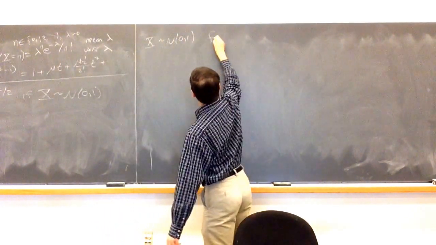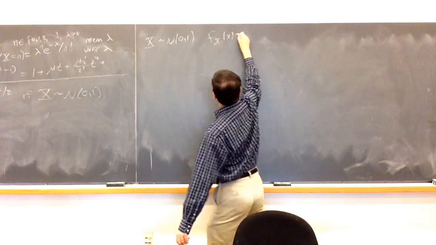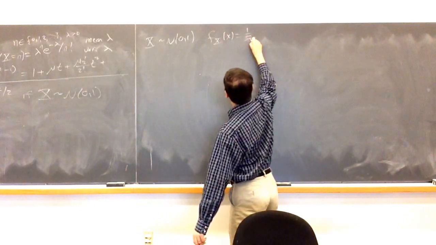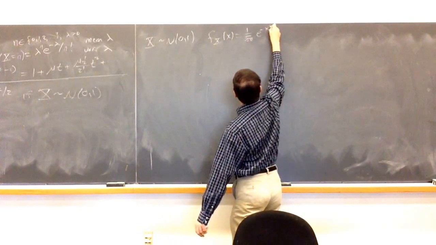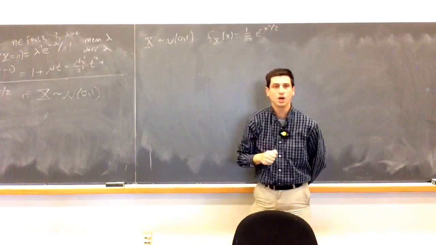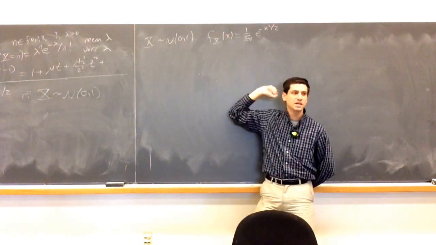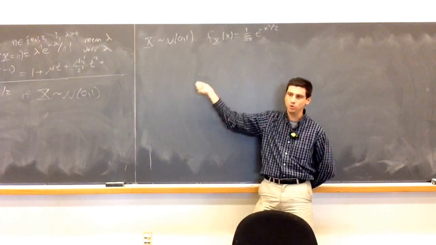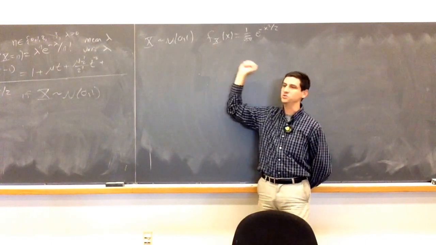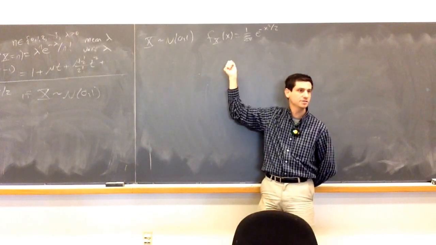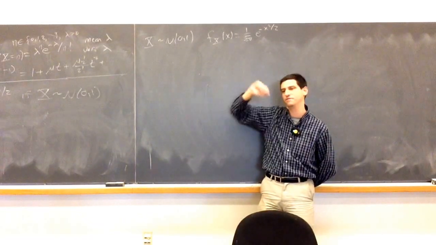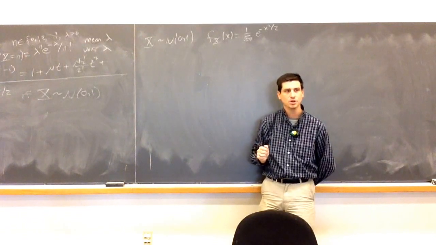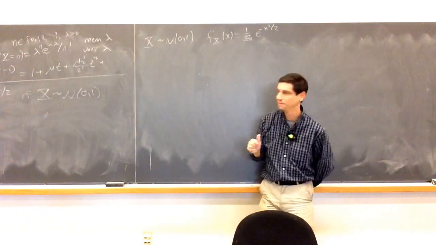So its density is 1 over square root of 2 pi e to the negative x squared over 2. We've calculated the normalization constant 2 different ways. We calculated it by doing the polar trick. We also talked about how you could convert this to a gamma factor. It's gamma of 1/2, maybe with a factor of 2. So we know that this integrates to 1.